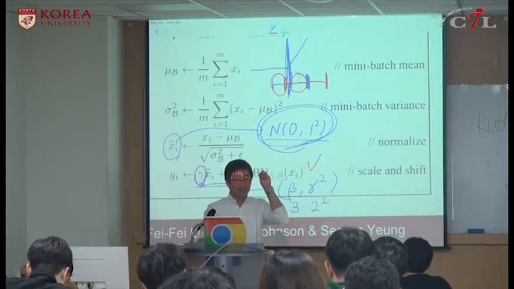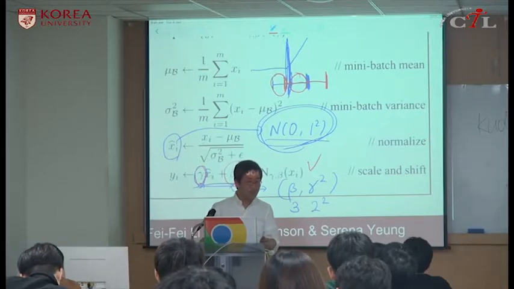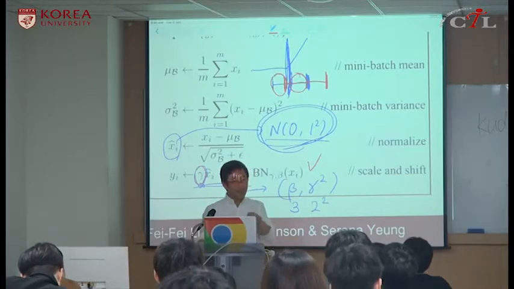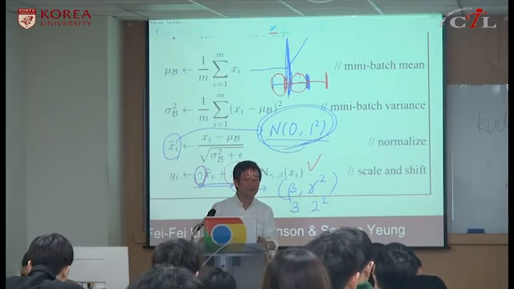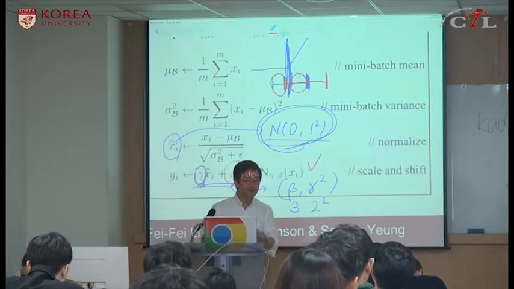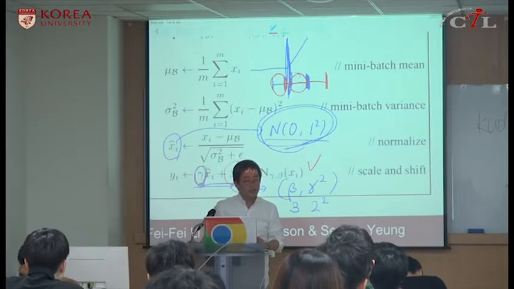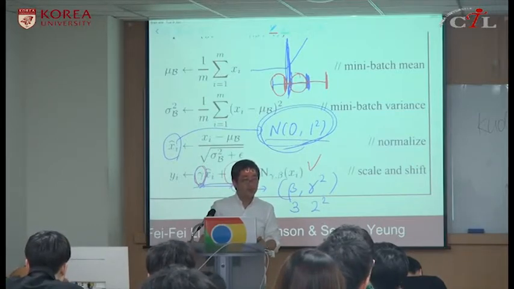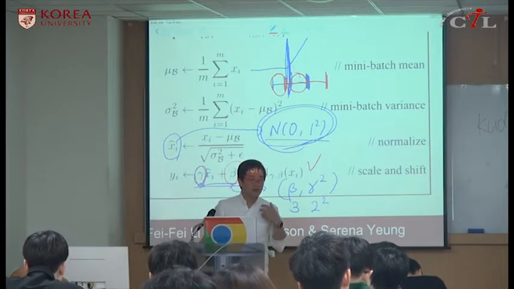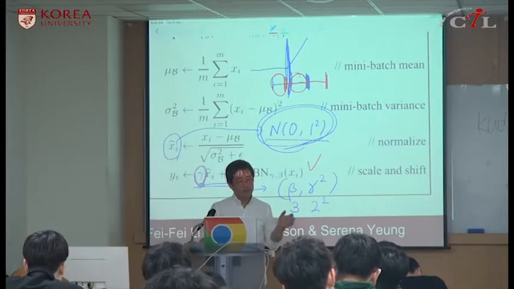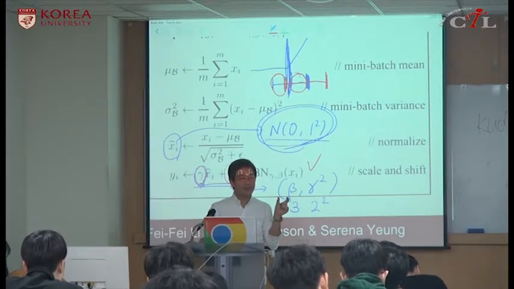So if a particular node is a human node and another node is a cat node, the cat node should be activated much less frequently than the human node. This kind of different distribution should be reflected in our neural net for its optimal performance. That way we allow our network to optimally scale and shift these normalized ranges of our data. Okay.